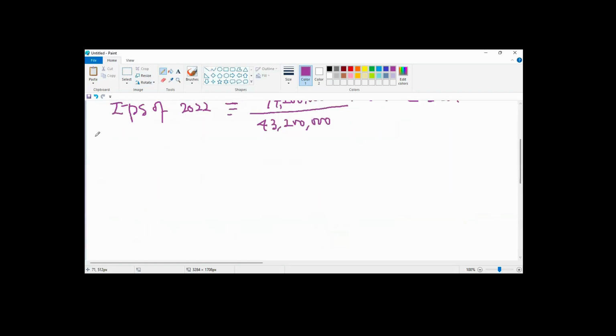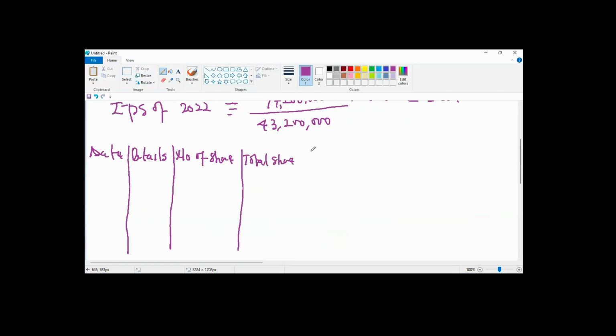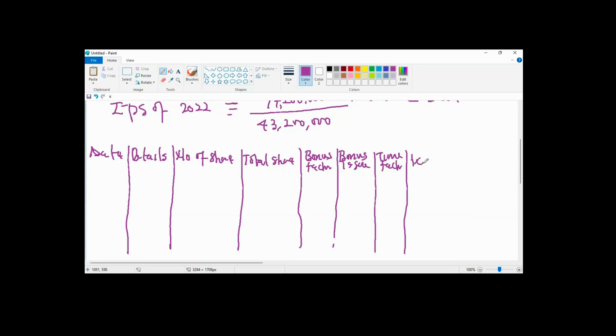I will say dates, then details, then the number of shares, total shares, then bonus factor, we have bonus issue, then the time factor, and we have the weighted.